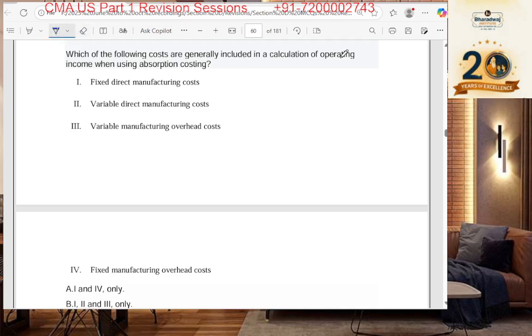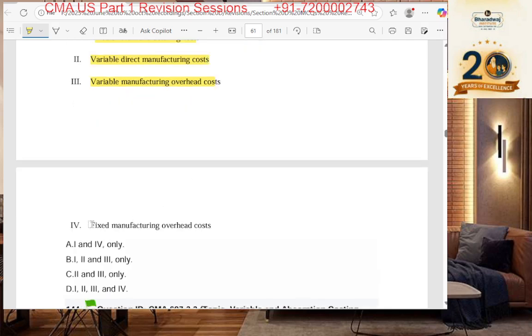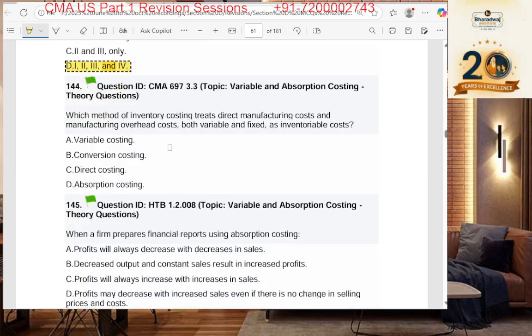Which of the following is generally included in calculating operating income using absorption costing? Which method of inventory costing treats direct manufacturing and manufacturing overheads, both variable and fixed, as inventoriable cost?